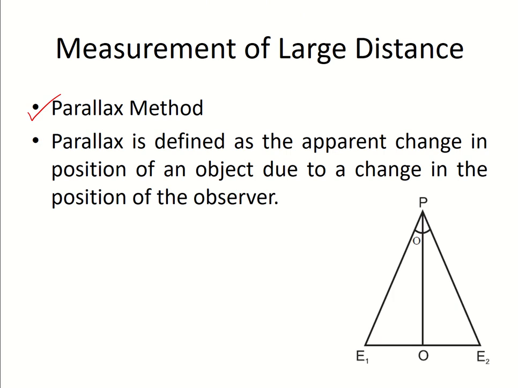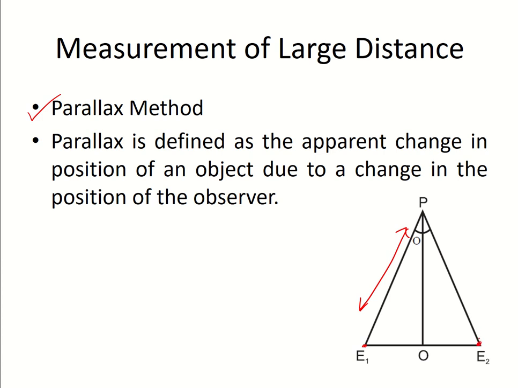This is an example. The object that you are seeing, the position of that object is fixed. Now let us say we observe the object from the left eye, and so this was the line of sight. Now when you switch the eye, let us say now you are observing it with the right eye.